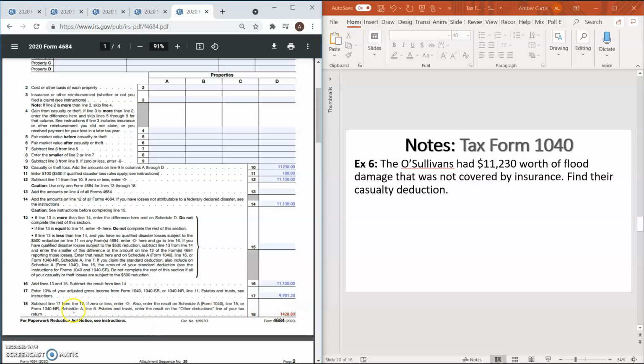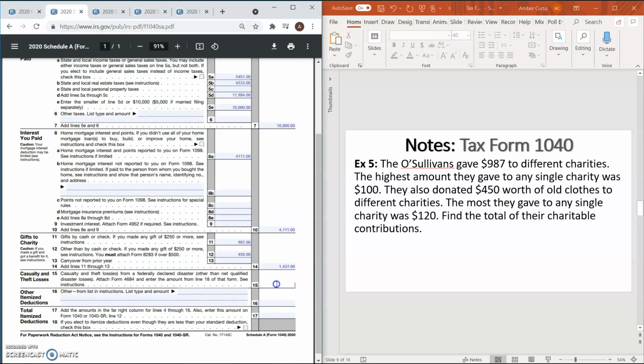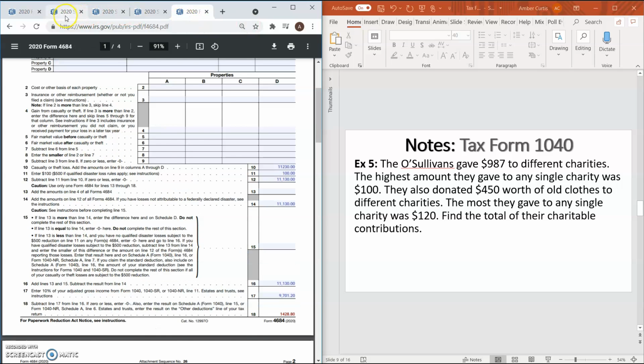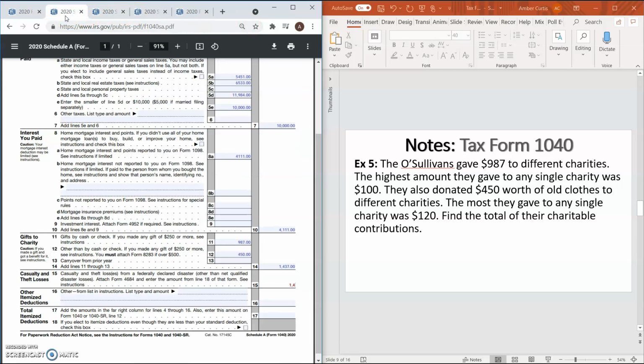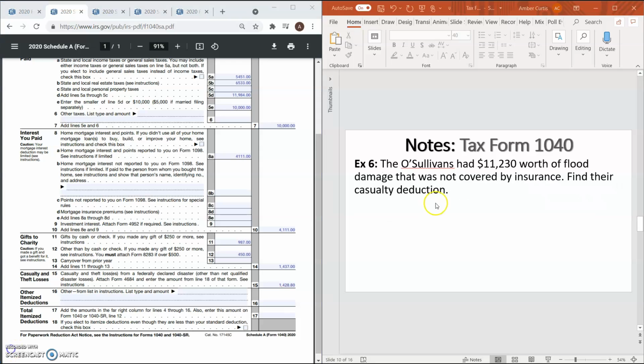And this will be the amount that we put onto our Schedule A. All right, so from Form 4684, we got the amount $1,428.80. And so that would be the amount for their casualty deduction.